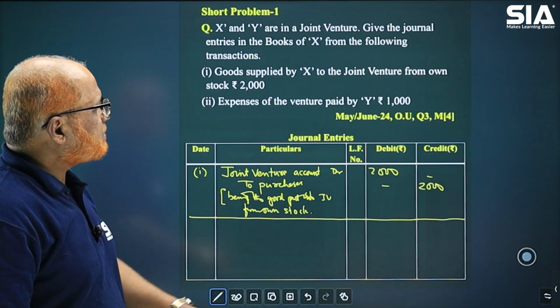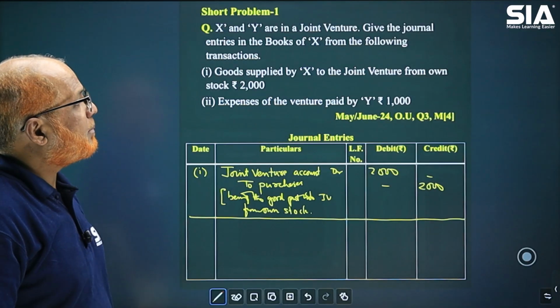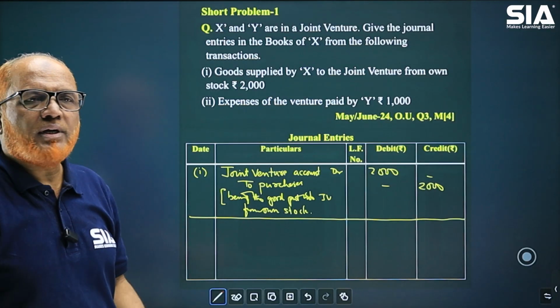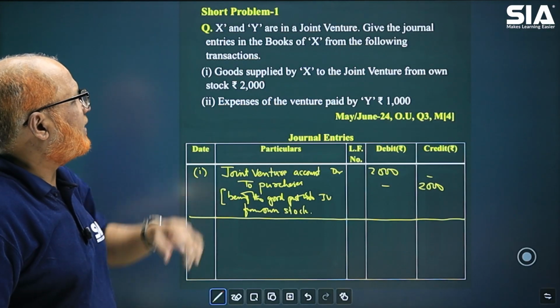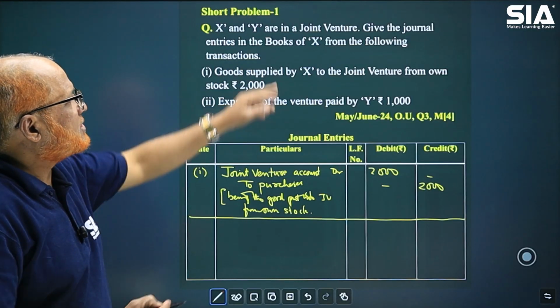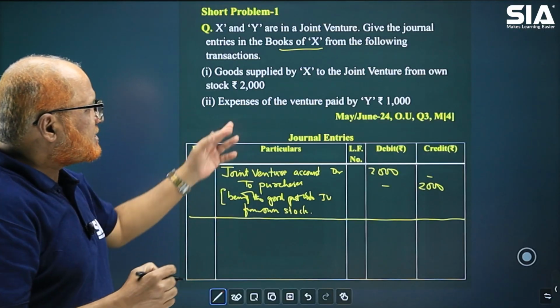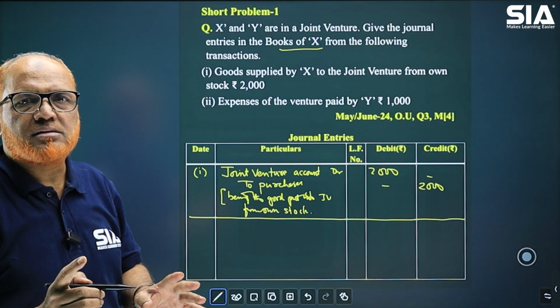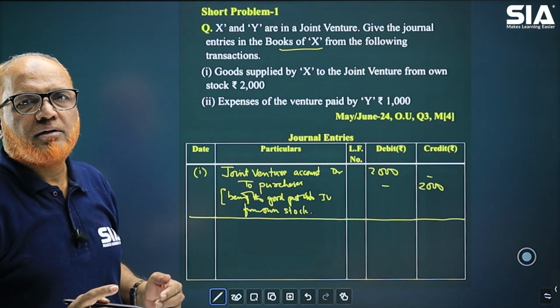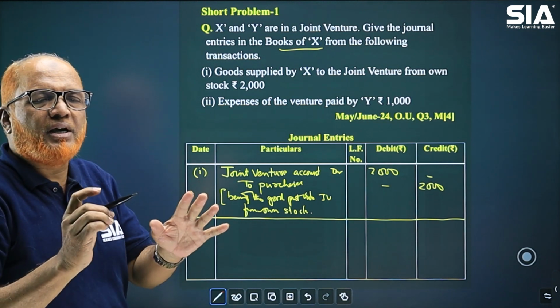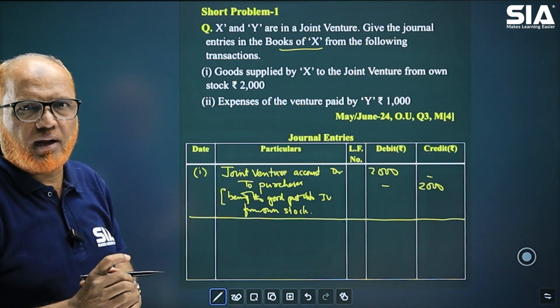The second entry is expenses of the venture paid by Y. Actually, we are recording in the books of X. We have to record the journal entry in the books of X. Here, the expenses are paid not by X, but by Y. So all expenses will be debited to joint venture account.